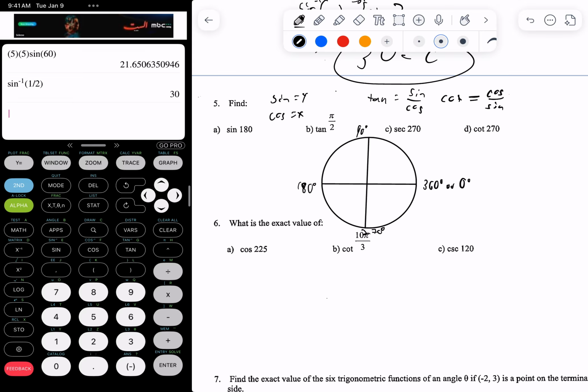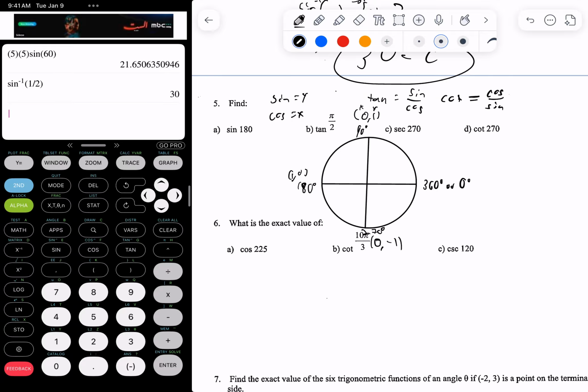At the 90, you're always going to have 0, 1. This is your x, this is your y. Over here at the 180, it's negative 1, 0. You have to remember this. And then at 270, you have 0, negative 1.